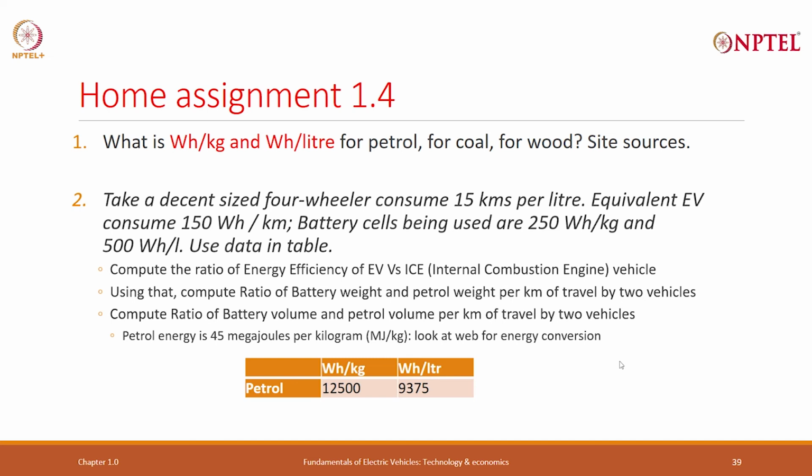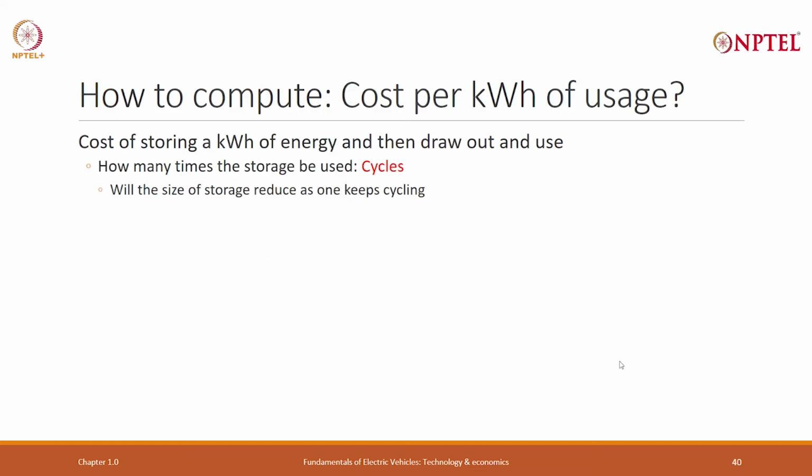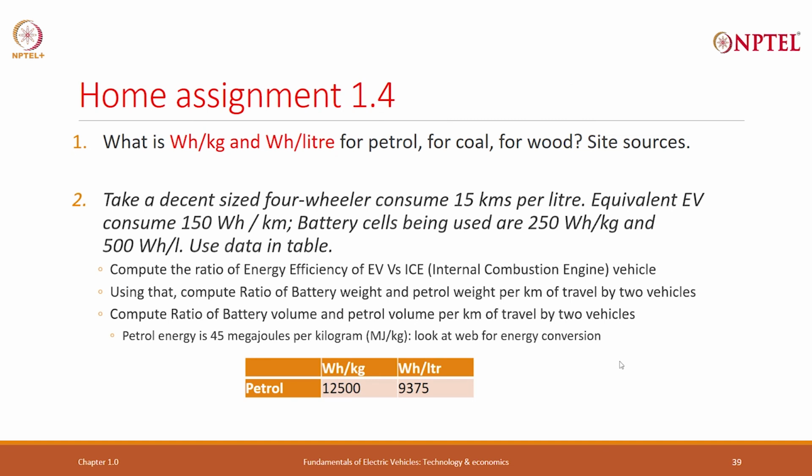Battery cells used are 250 watt hour per kg and 500 watt hour per liter. Use the data in the table for petrol energy density in watt hour per kg and watt hour per liter. Compute the ratio of energy and efficiency of EV and ICE vehicle.